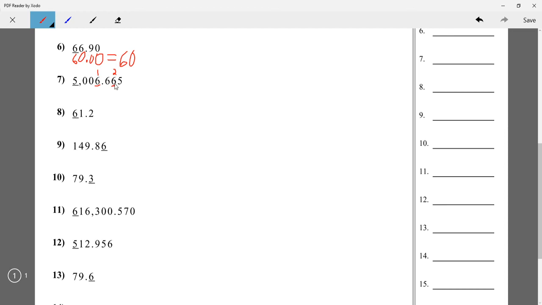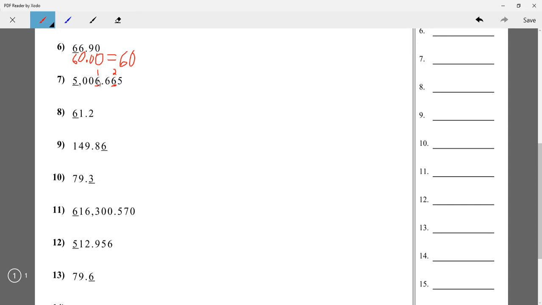Now, basically, this 6, okay, is how many hops over from this 6? So it would be 1, 2 to the left, okay?